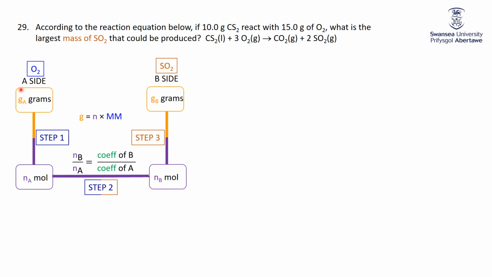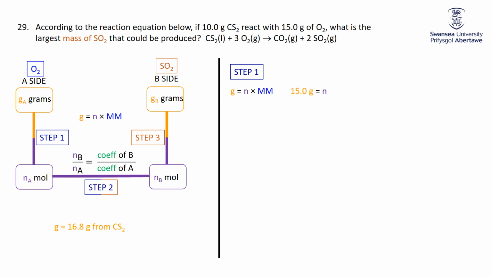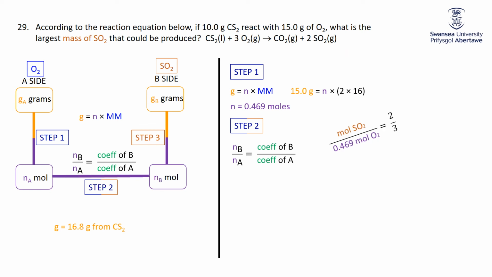So now O2 as our substance A, remembering that we had enough CS2 to make 16.8 grams of our SO2. So this is the number to beat or not to beat, depending upon your perspective. So standard again, grams to moles, moles to moles, using the right coefficients.